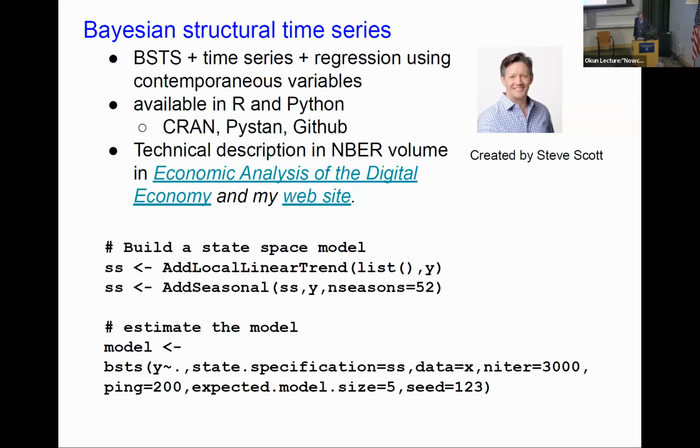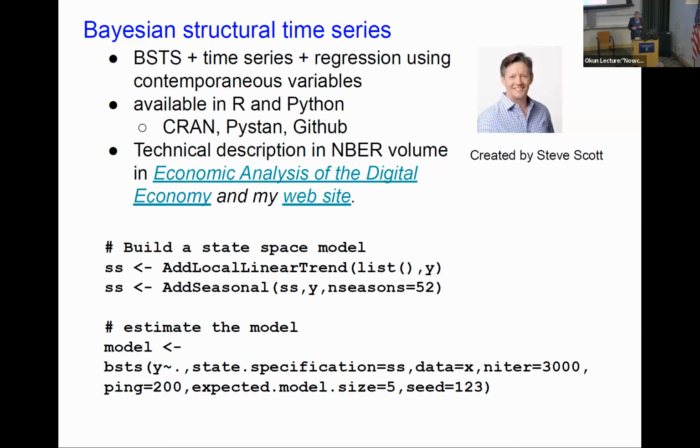You suggest a state, SS, you add in a local linear trend. So that's one of the components, going to be locally linear. Could be different, right? But that's the standard one. You put in a seasonal, the number of seasons is 52. I'm looking at weekly data. We call that model. And then we write BSTS, Bayesian structural time series, says that Y, the variable of interest, depends on the states that I specified above. There's a list of them.